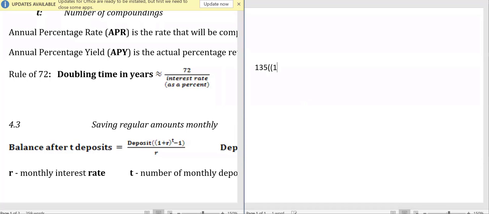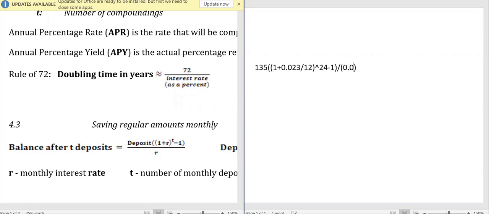So 1 plus 0.023 over 12, close parenthesis, to the power of t, which is 24 months, then subtract 1, close parenthesis, and then over r. I'm going to put the bottom in parentheses.